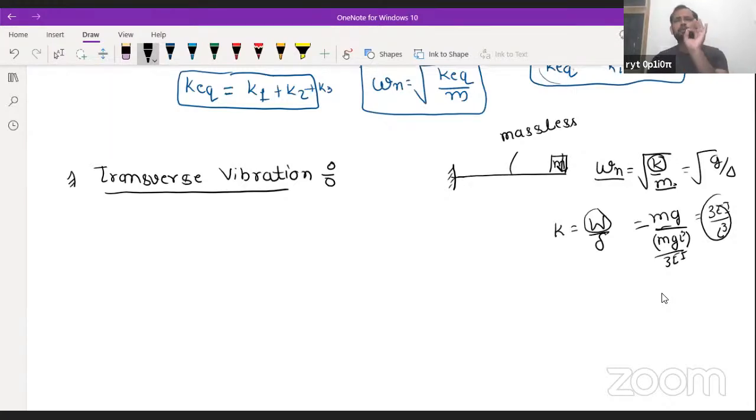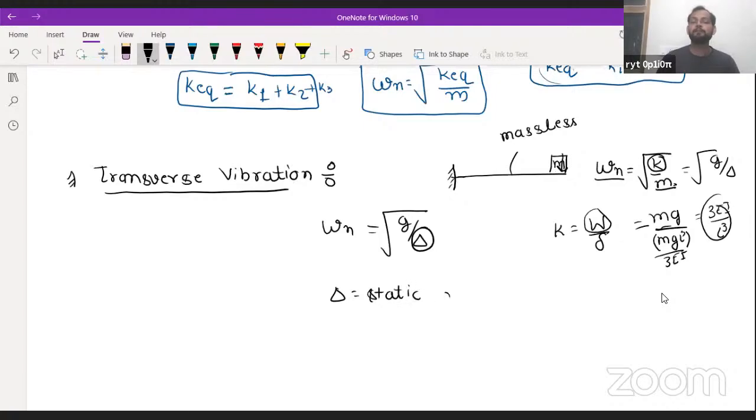Or otherwise, what is the simple formula? The simple formula is omega n is equal to root g by delta. Delta is nothing but the static deflection under the mass. Which deflection will you consider?